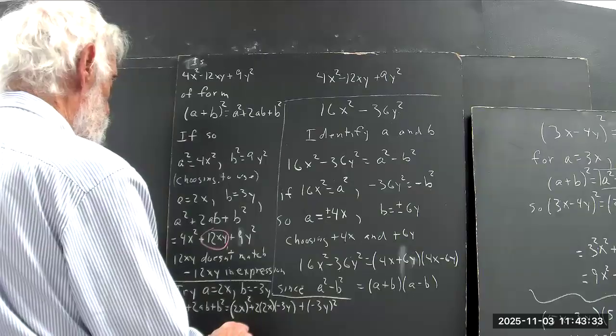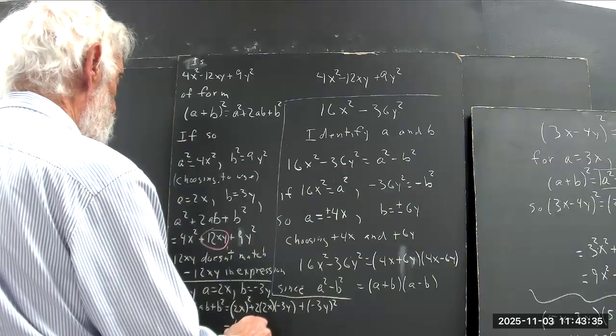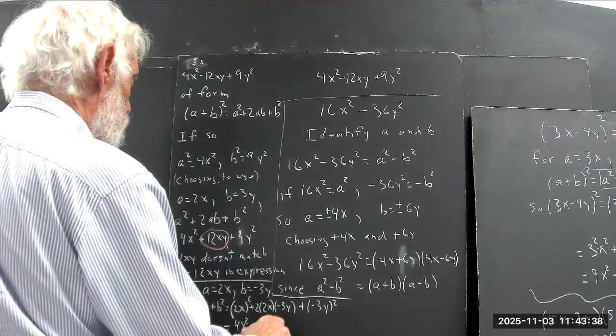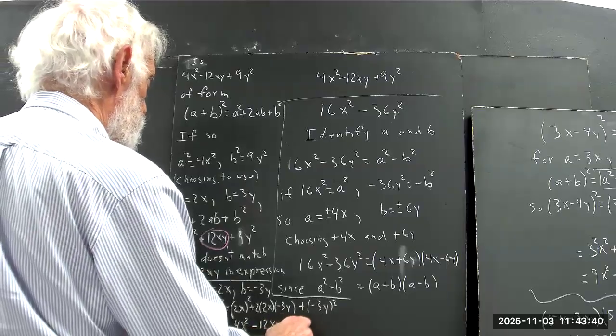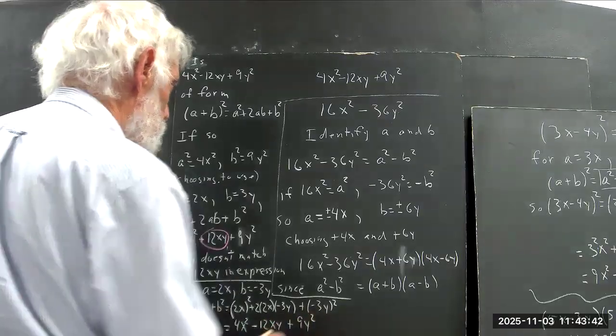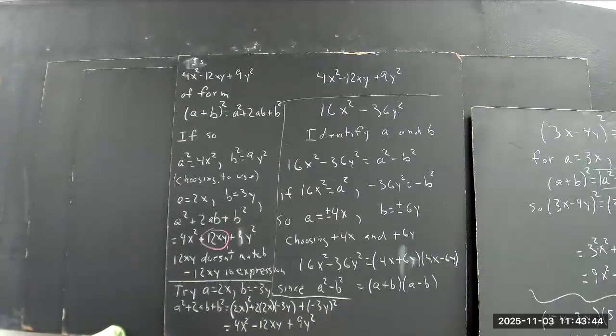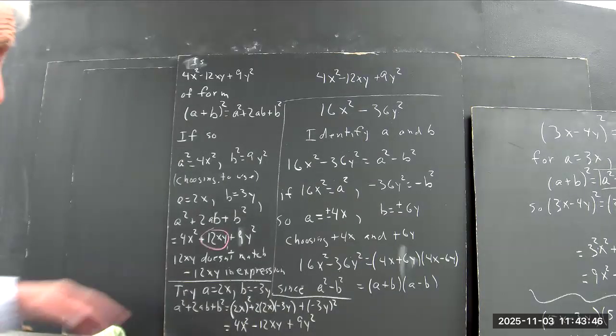And that equals what we wanted it to equal. That's 4x squared minus 12xy plus 9y squared. Okay? And that checks out.